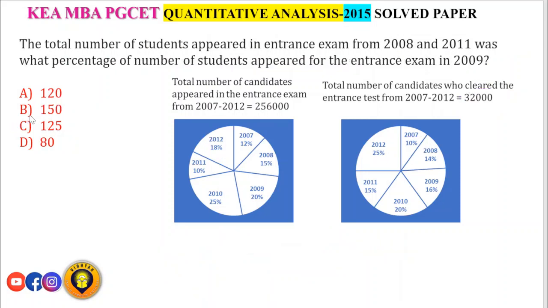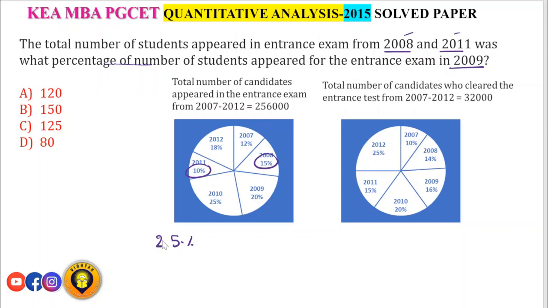The total number of students appeared in entrance exam from 2008 and 2011 was what percentage of total number of students appeared for the entrance exam in 2009? Total number of students appeared in 2008 and 2011. How much is it? 15% and 10%. 25% students appeared for the entrance exam in 2008 and 2011.